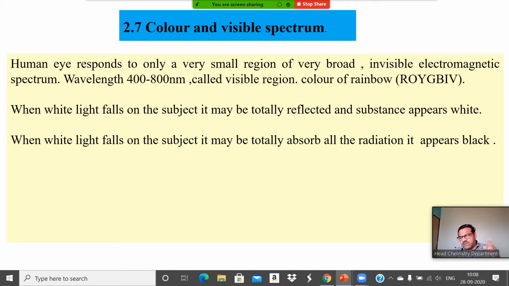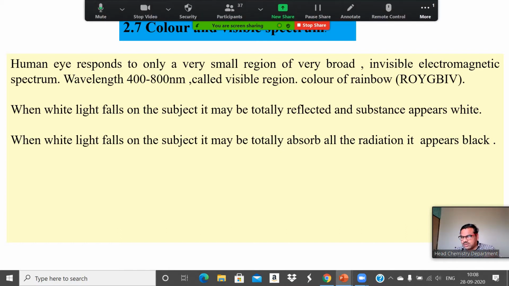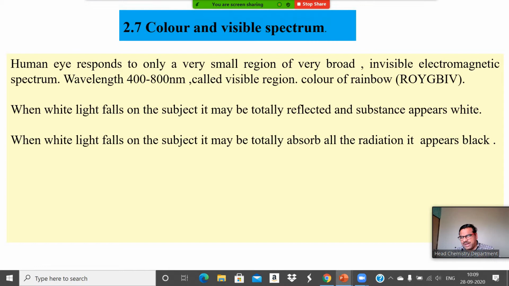But when white light falls on the object and all radiation is totally absorbed, then it appears as black. Now see students, two different phenomena are there.